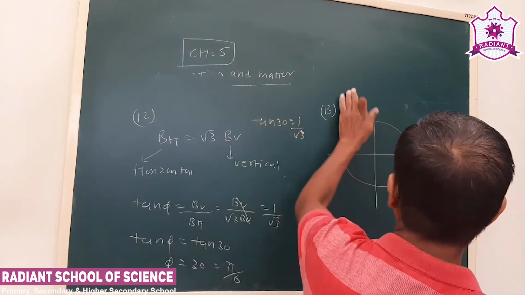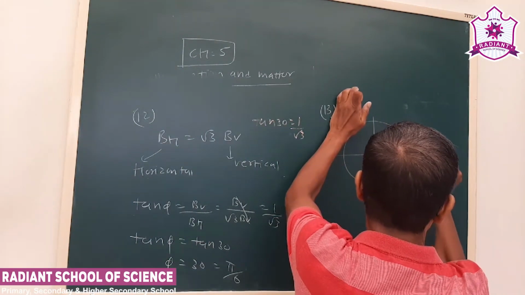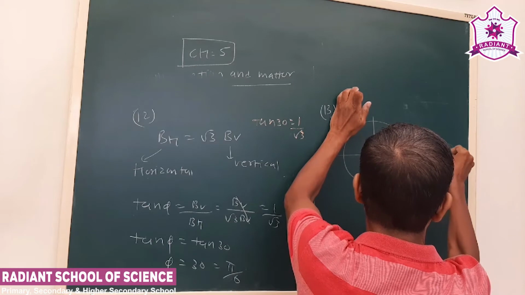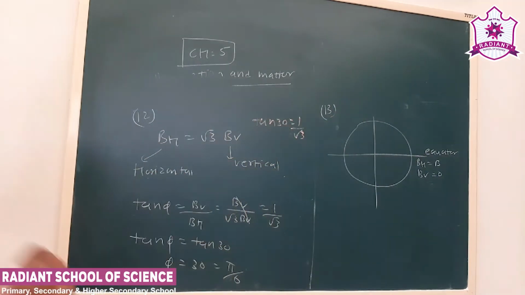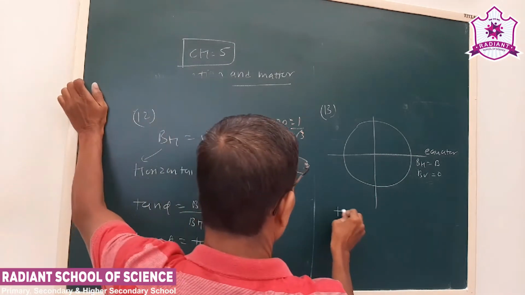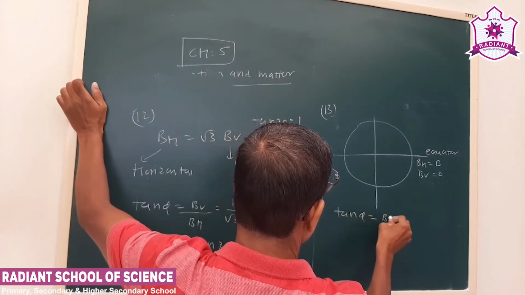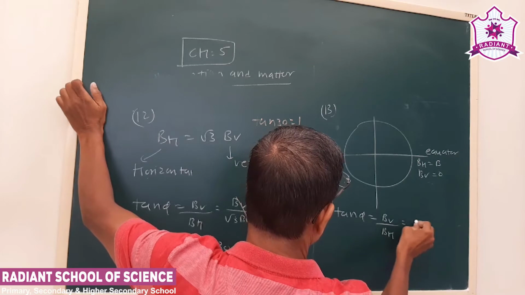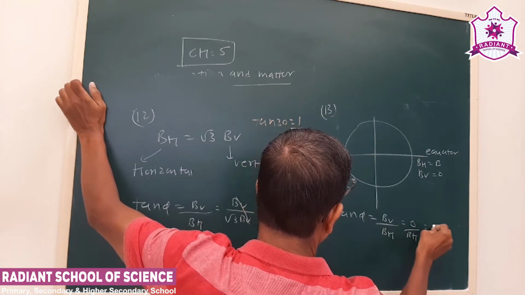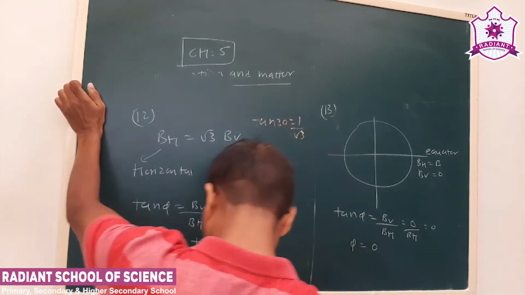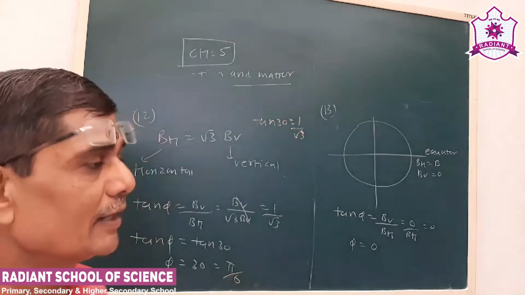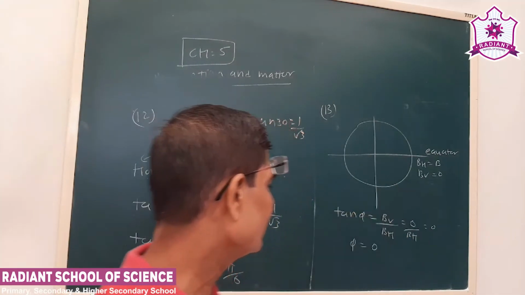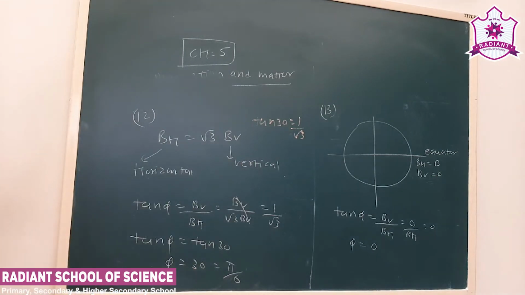See, at the horizontal equator, the vertical component is 0. Now tan phi is 0, so the angle of dip we have to find out, that is phi, is 0, and that point will be on the equator, that we have to keep in mind.